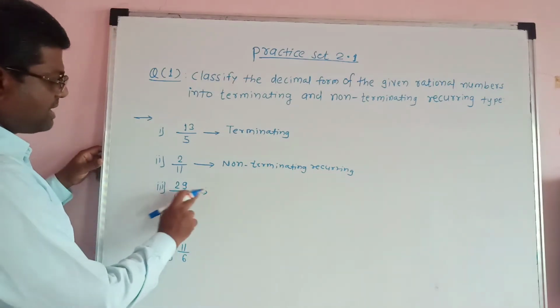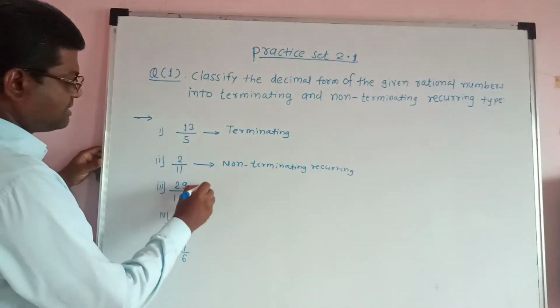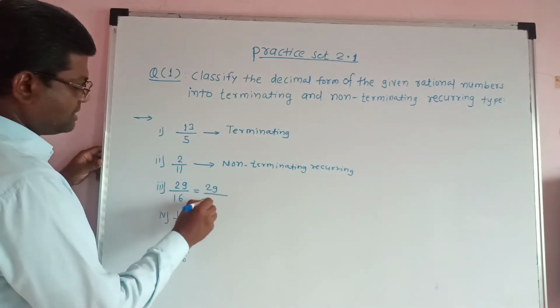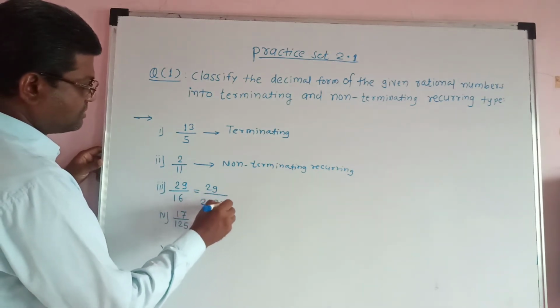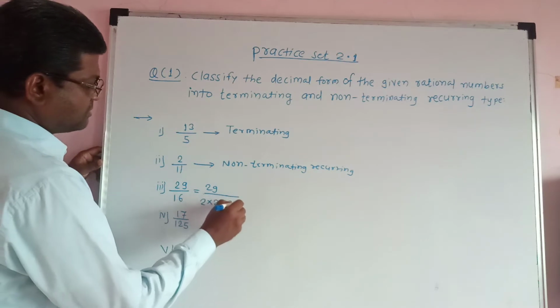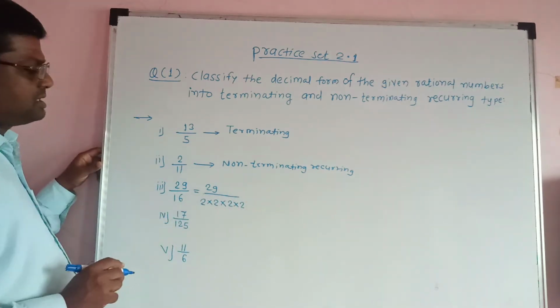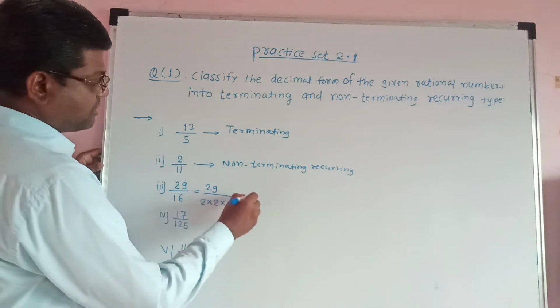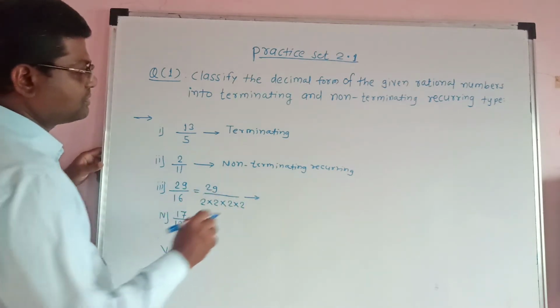Now 29 upon 16. This 16 can be written as 2 into 2, 4 into 2, 8 into 2, 16. So the denominator has prime factor 2.